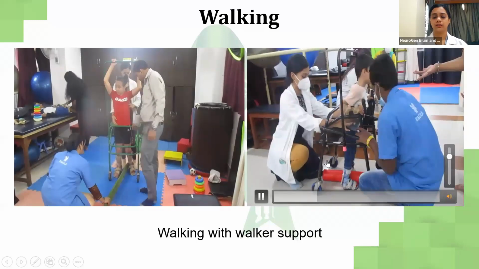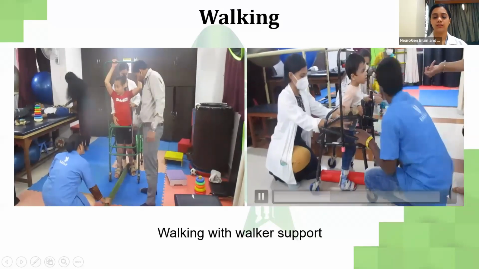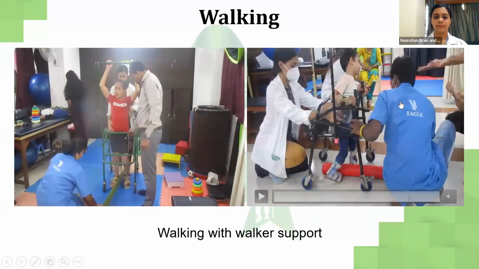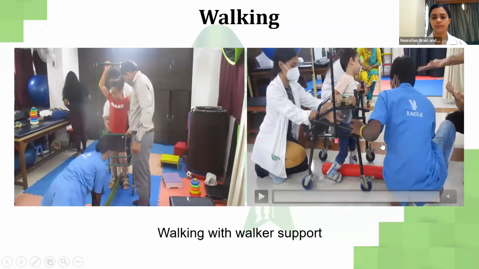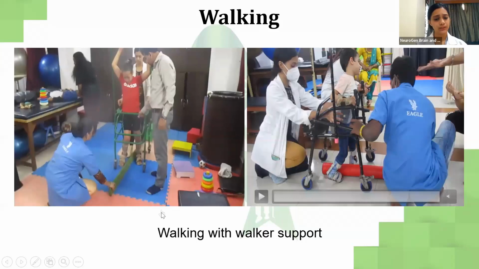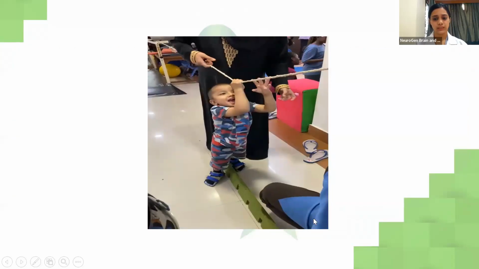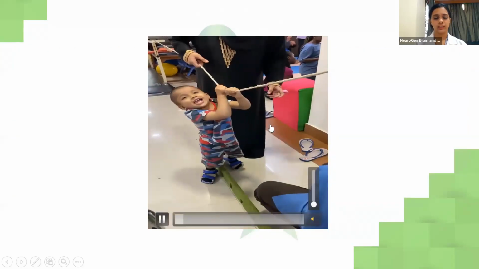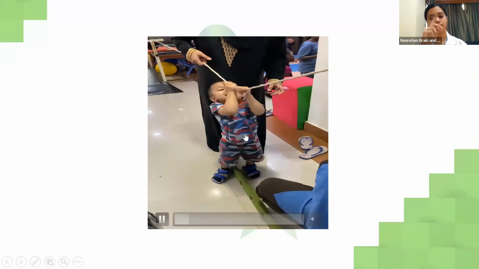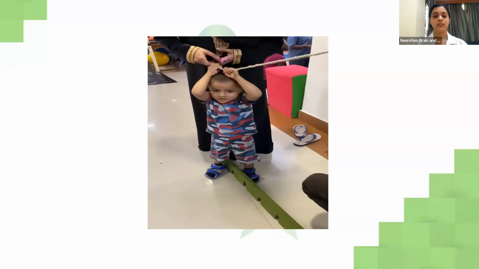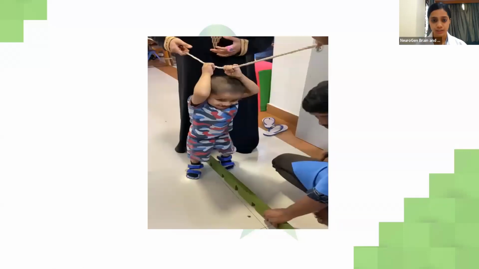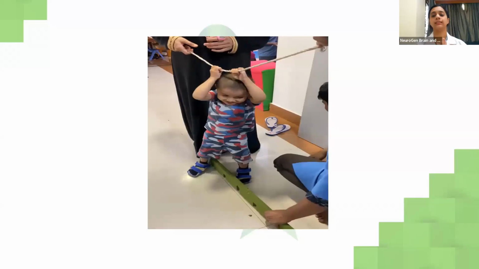Then walking with support. This is again a frame walker, a posterior walker. Now in this case, we asked him to hold the rope, and we asked him to at least dissociate and walk, because, as I told you, he had flexion and he was not recruiting his extensors.